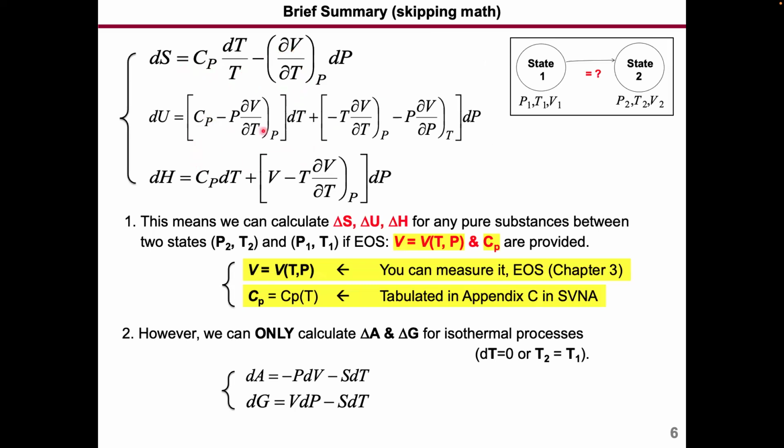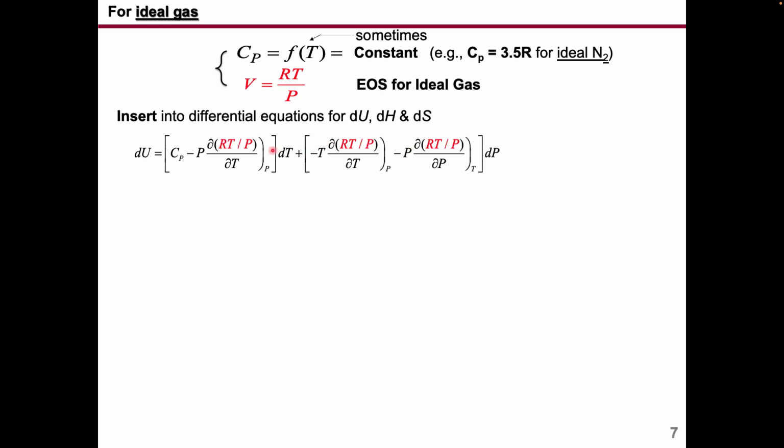Nothing else is changing. Here we can see the partial of RT divided by P with respect to T at constant P. P and R are constant, so this is going to be R divided by P. R divided by P times P is R. So Cp minus R is equal to Cv for ideal gas.